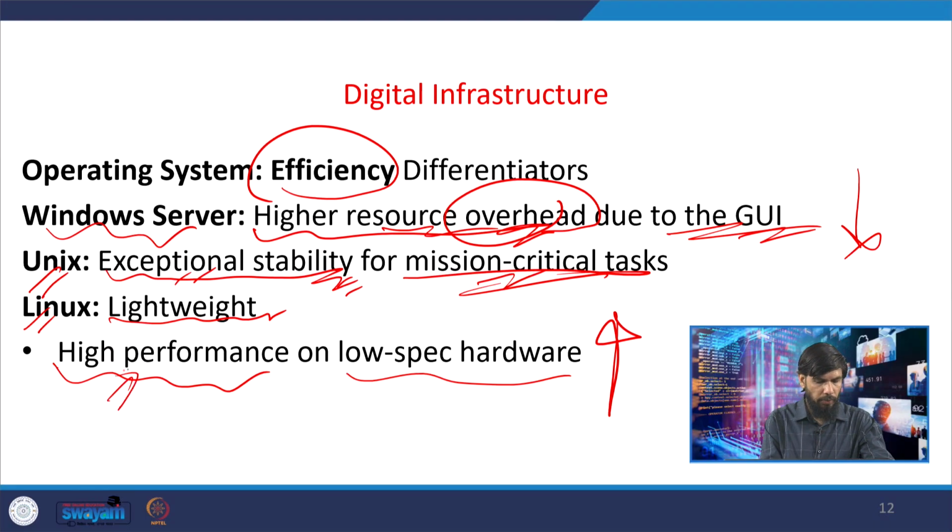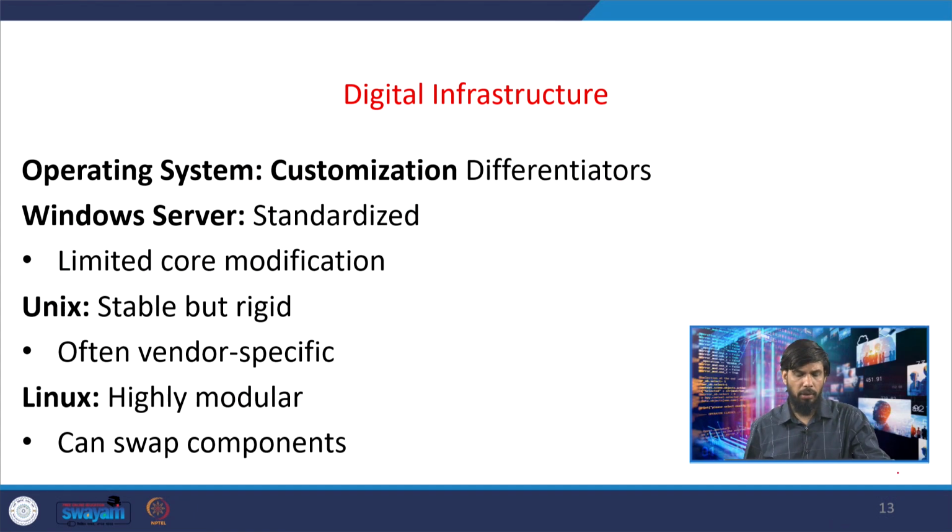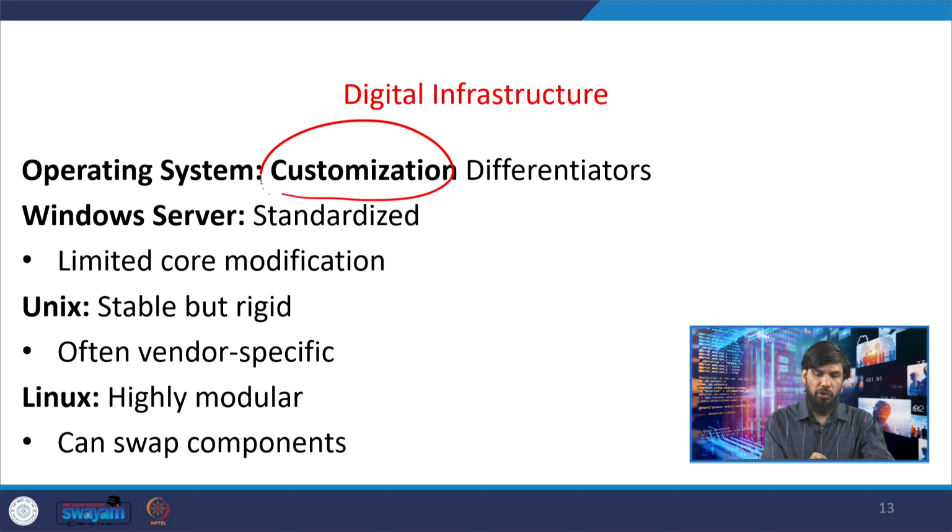But if you are looking for pure efficiency point of view, you can go for lightweight Linux versions, and high performance you can get, right. Unix will be slightly better, but Linux would also be quite good in terms of performance. At the same time, it can also work well in low spec hardware, which is not the case with Unix or Windows.